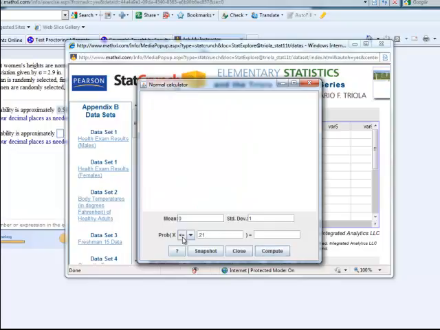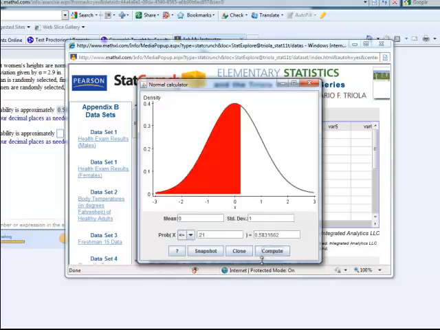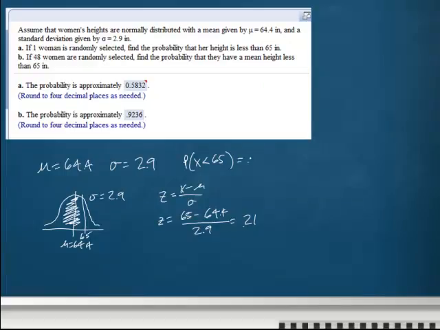We'll leave this at less than or equal to since that's what we had in our picture. Hit compute, and we have 0.5832. So this probability will be 0.5832. Or in other words, that area from where x is 65, all the way over into the tail, is 0.5832.